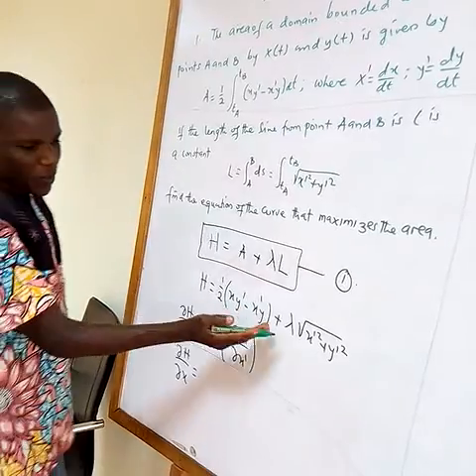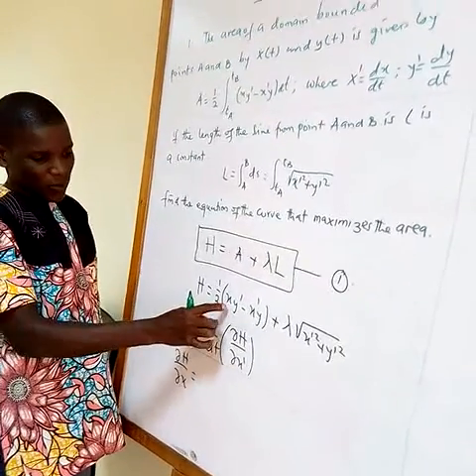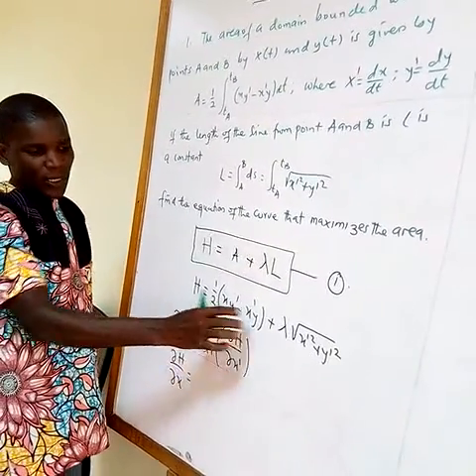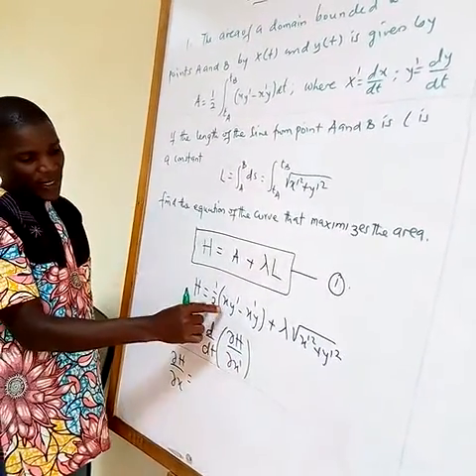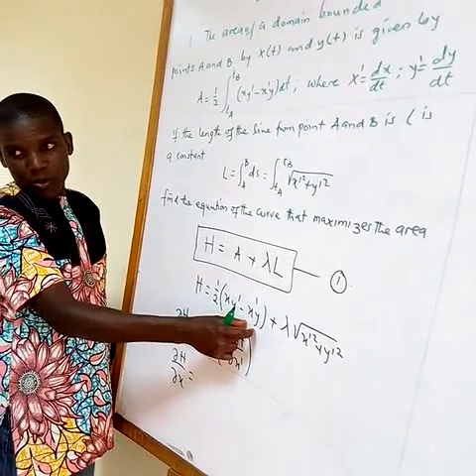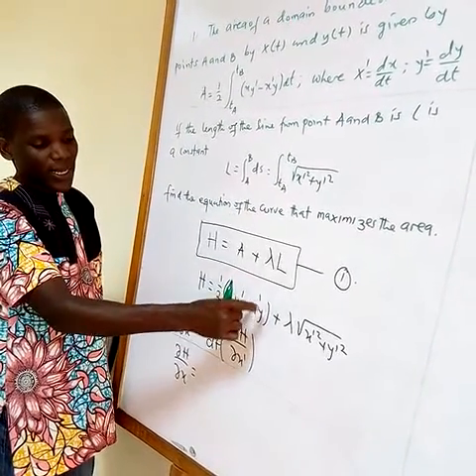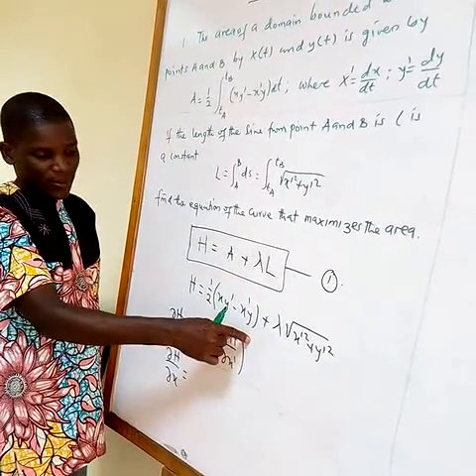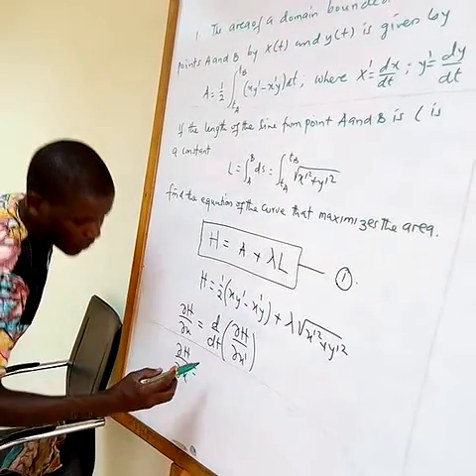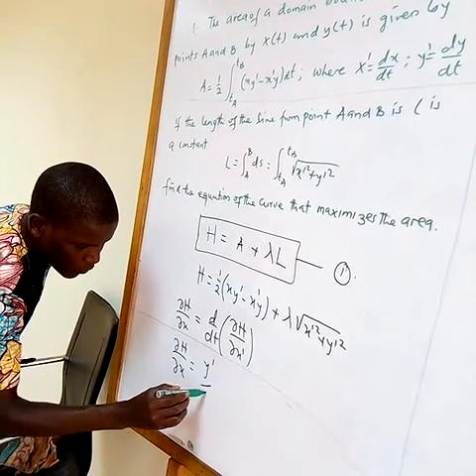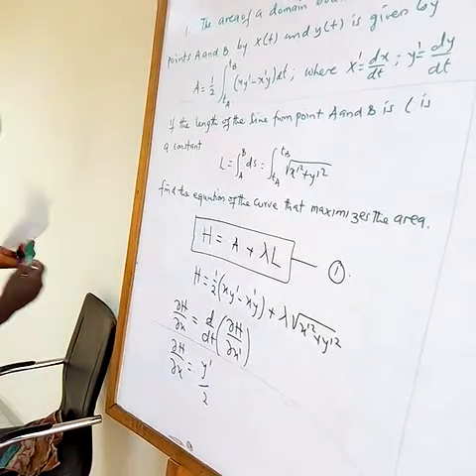You now go to the expression. Where do you have x? You only have x here. There is no x here. So if you differentiate this one, this one is 0 because it does not contain x. It contains x prime, not x. So if you differentiate this, you are going to have y prime over 2. So we are done with that.